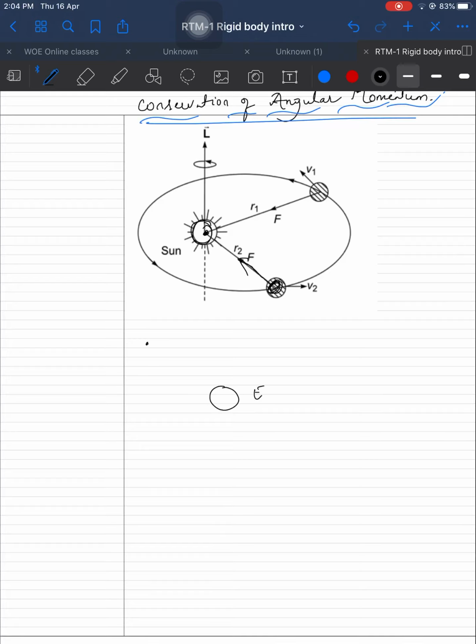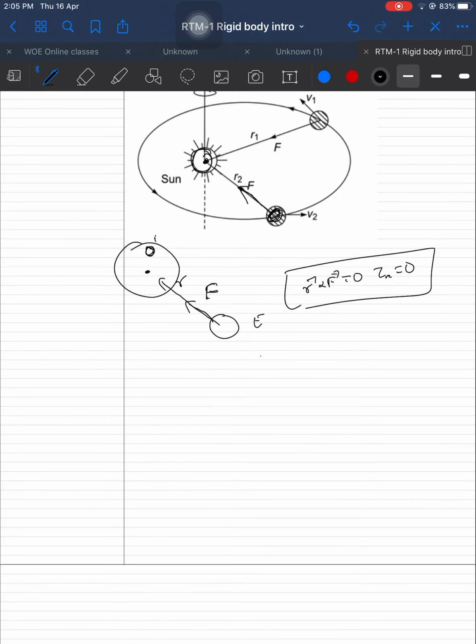Earth and sun. Towards the sun, force is acting, and I should calculate about a point. Remember why I am stressing the point very much. About the center of the sun, I am calculating torque. So the net torque about the sun, r bar cross F bar, is equal to 0. If torque about the sun is equal to 0, what can I conserve? I can conserve angular momentum. Initial angular momentum is equal to final angular momentum.